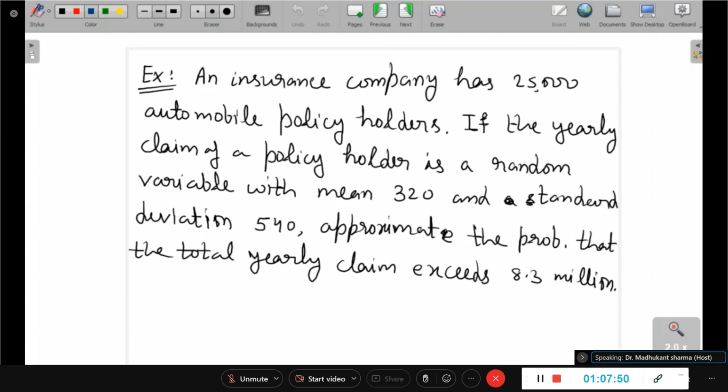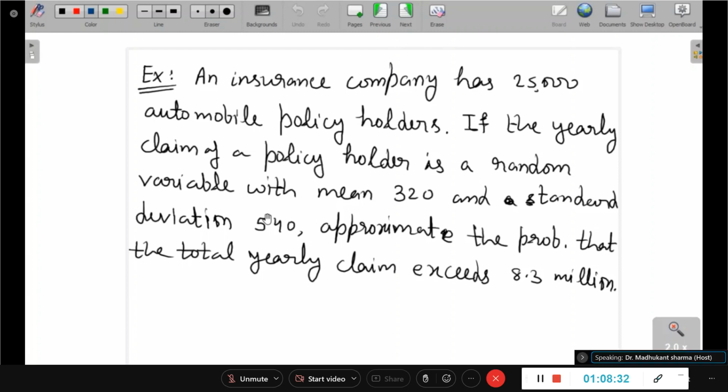We don't know what distribution each will follow, but we have the information that each random variable has mean 320 and standard deviation 540. More than that, each person can be treated as independent; one person will claim independently of the other. In that case, approximate the probability that the total yearly claim exceeds 8.3 million. This is what we want.